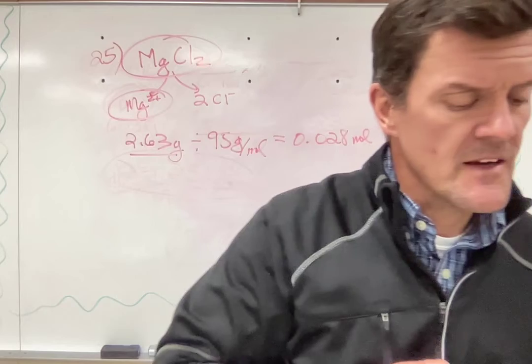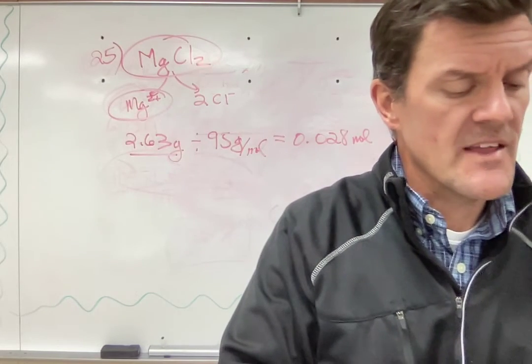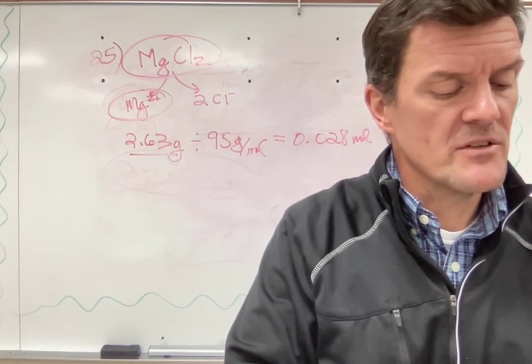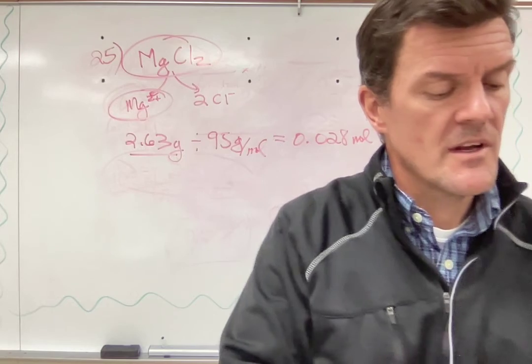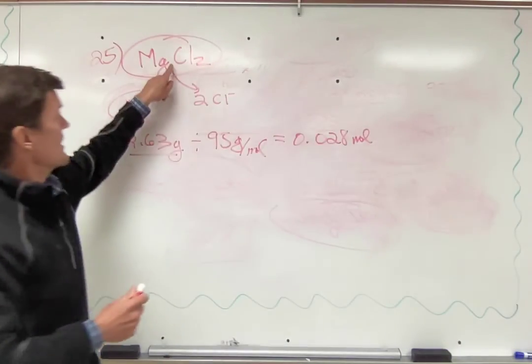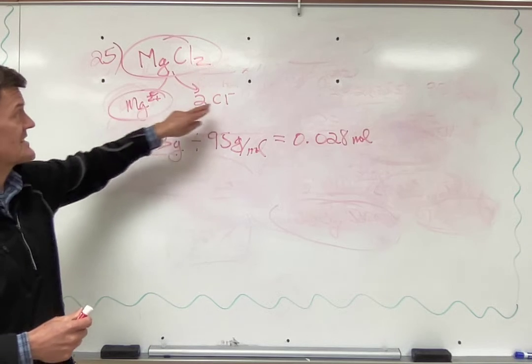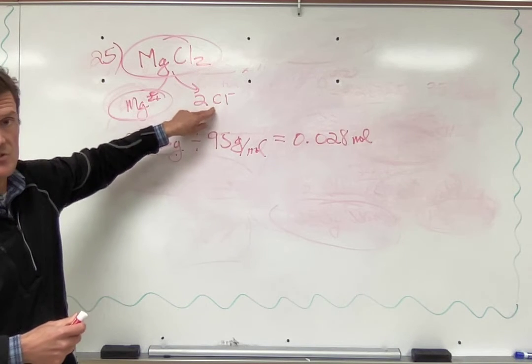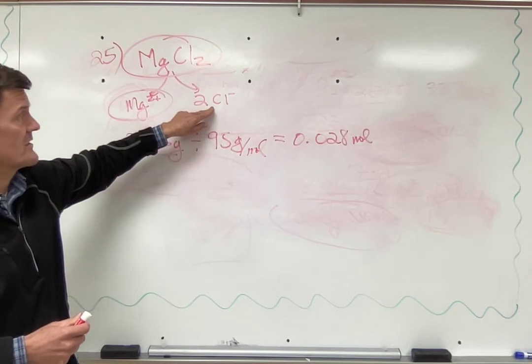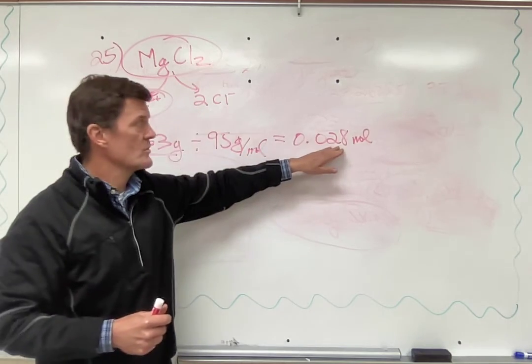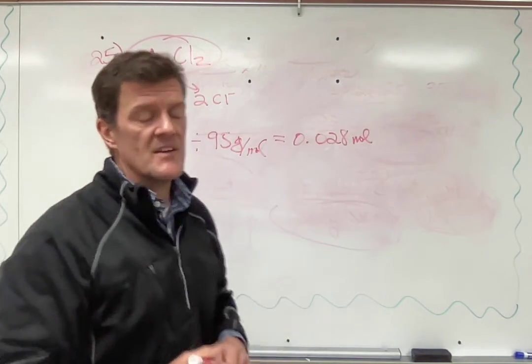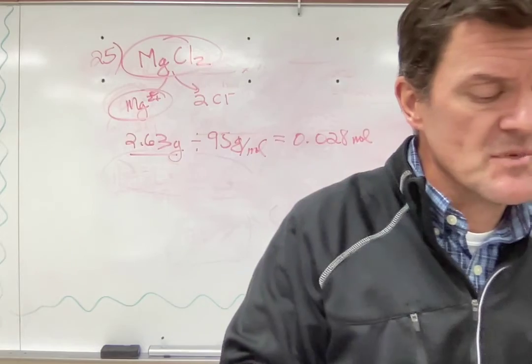Okay? And then it says that's in 155 milliliters of water. Now, the nice thing is that for every mole of this compound, you have a mole of magnesium. If it had said chloride, you'd double it. You'd have twice as much chloride ions, okay? But this is the moles of the magnesium ion, and then you'd have to change the milliliters to liters.